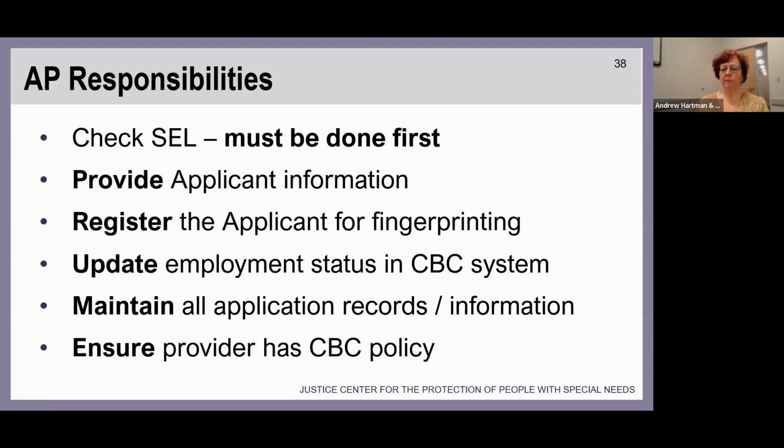There is an information form that you can have the applicant fill out that you will need to have available to you when you set up the fingerprinting appointment. You register your applicant for fingerprinting. You update employment statuses in the CBC system. You maintain all your application records and information, and ensure you have a CBC policy.